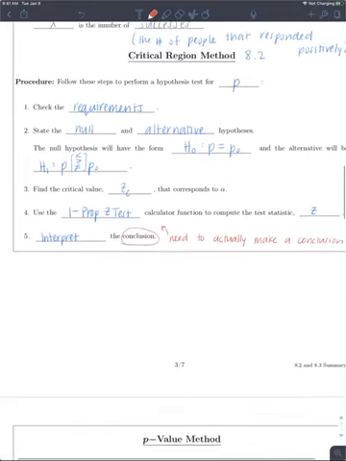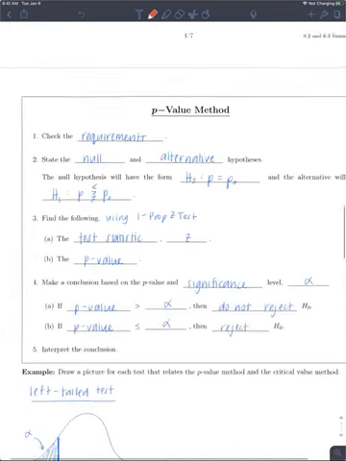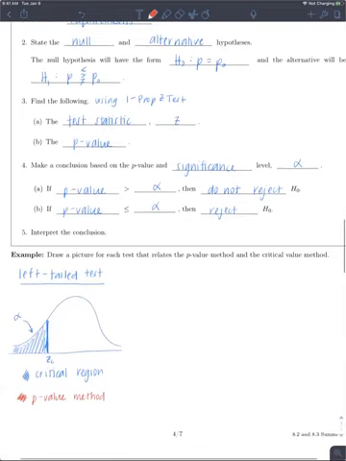Okay, so going back down here, if I look at the p-value method, what this is doing is, if my test statistic Z is here, remember, with the critical region method, if Z is inside of the critical region, I'm going to reject. And the p-value method says that if your p-value is less than alpha, then you reject.